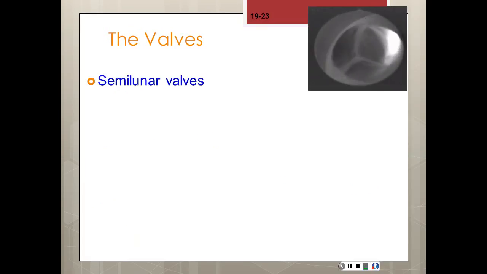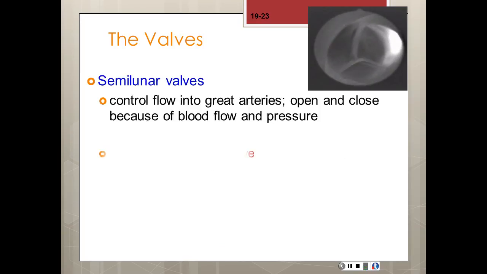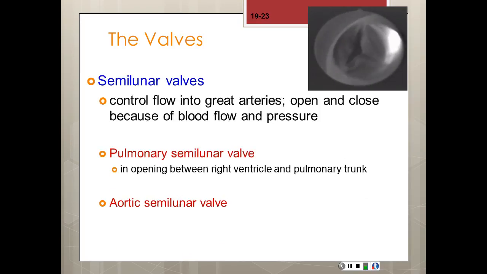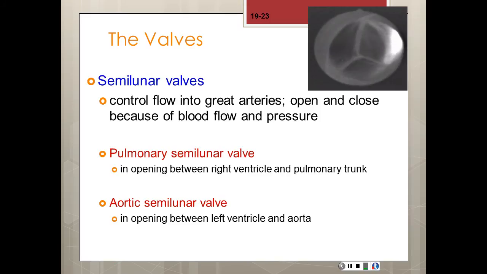Alright, so the semilunar valves are the remaining 2. We have the pulmonary and the aortic valves, and they regulate the flow of blood from the ventricles into those great arteries, so into the aorta or into the pulmonary trunk. The pulmonary valve controls the opening from the right ventricle into the pulmonary trunk, and the aortic valve controls the opening from the left ventricle to the aorta.